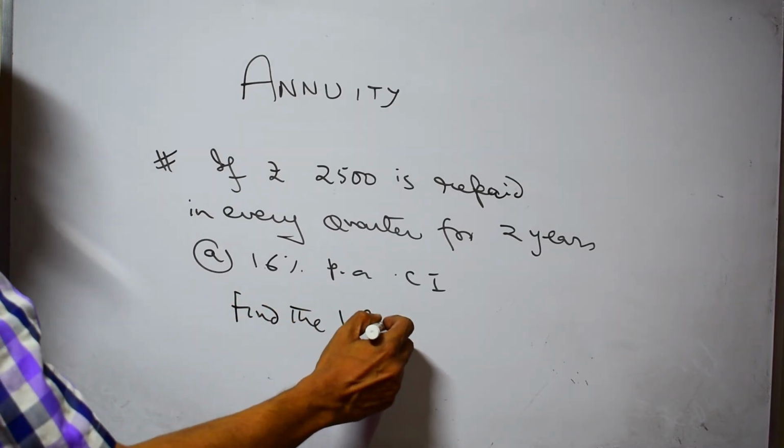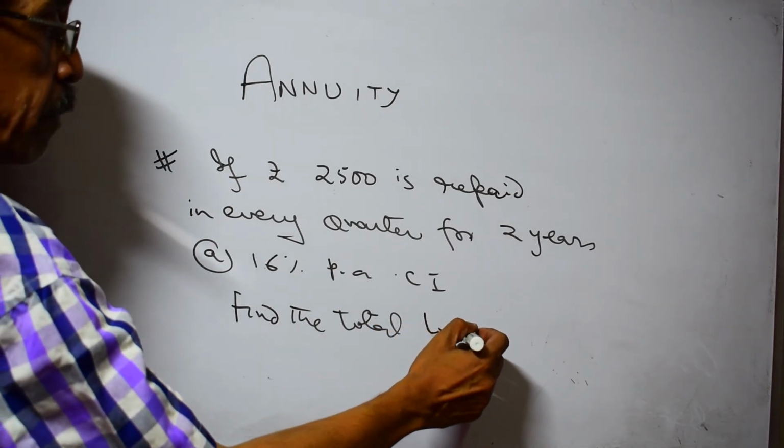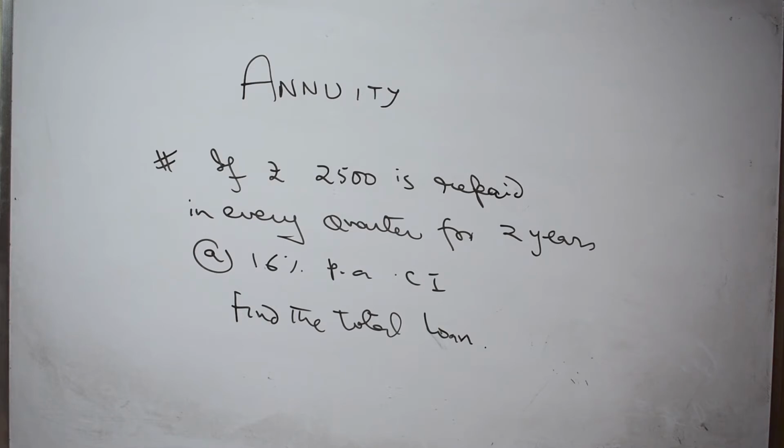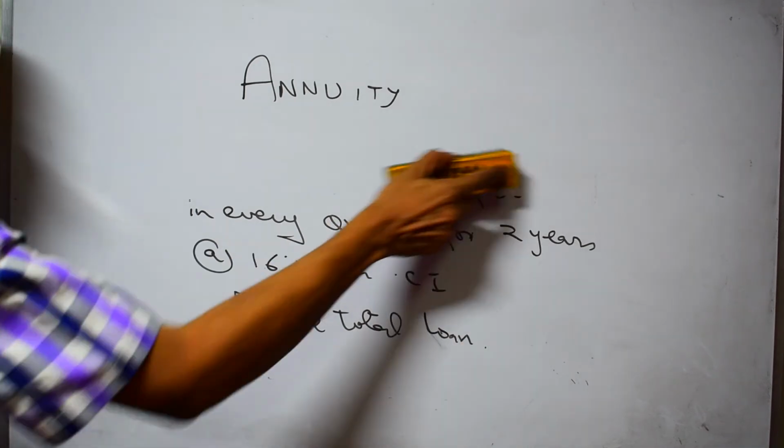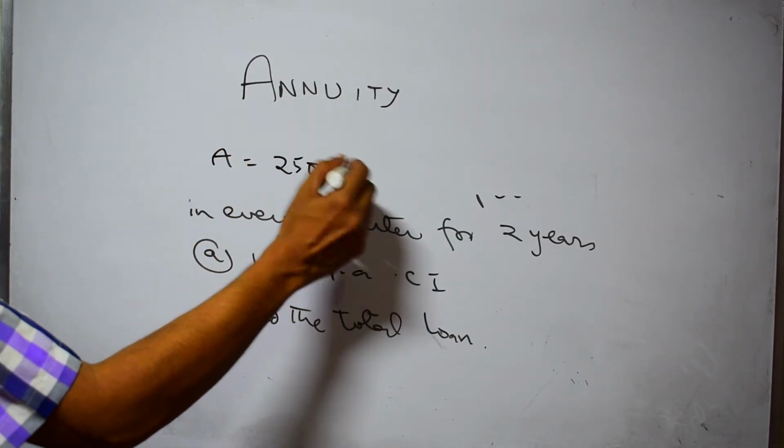So in this question, it is a case of repayment of loan, and what we want is how much loan we have taken against which we are repaying 2500 per quarter. So in this case, A is equal to 2500, that is the installment repayment size.